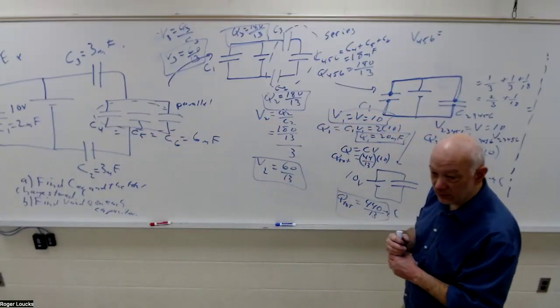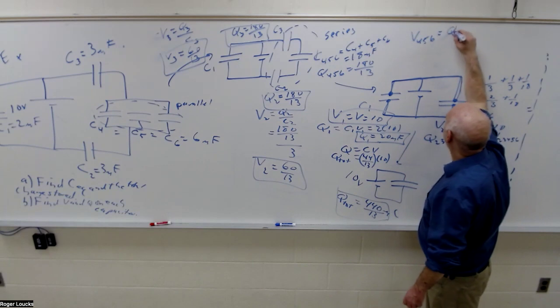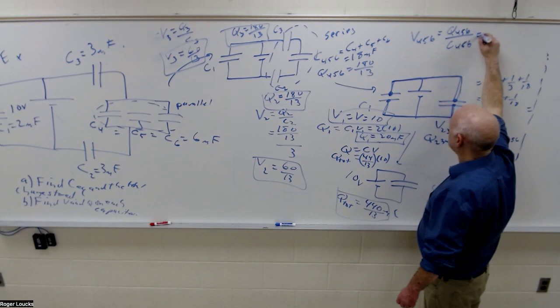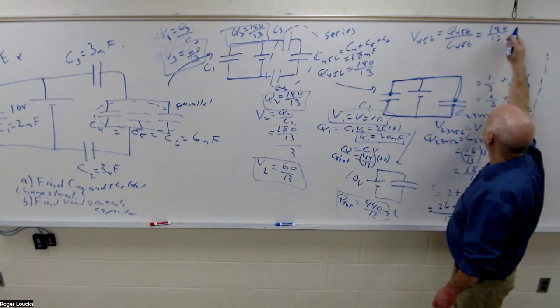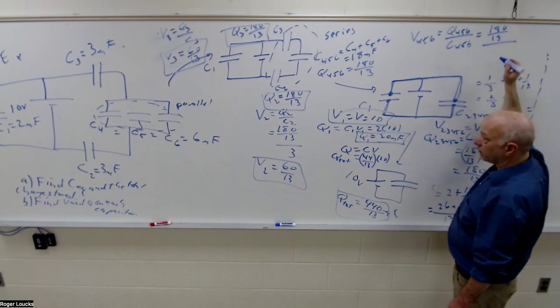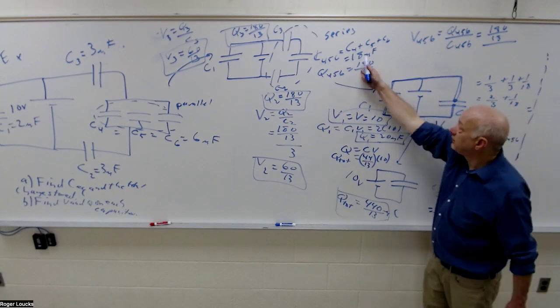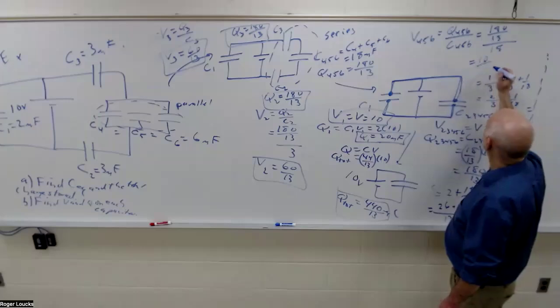This is going to be our Q456 over C456. So this is going to be 180 over 13 over 18, so 10 over 13.